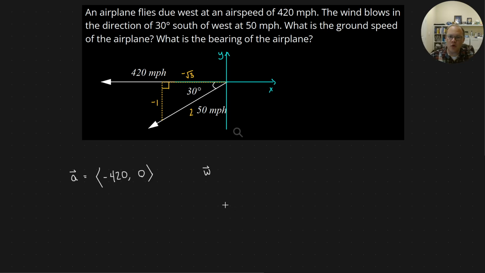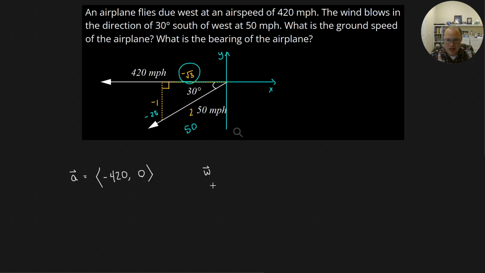Now, these, of course, are just the ratios of the sides. The actual length of this side here should be 50 miles per hour, right? So we would have to adjust everything to meet that. So if this is 50, okay, negative 1 is half of 2, so this side should be half of 50, right? So 25 and then negative.